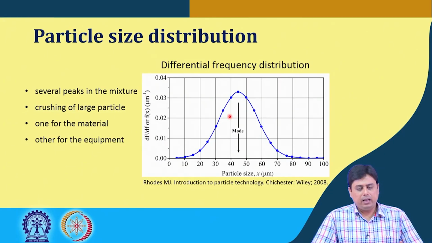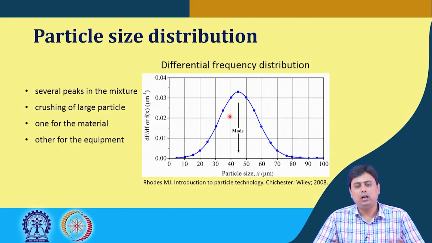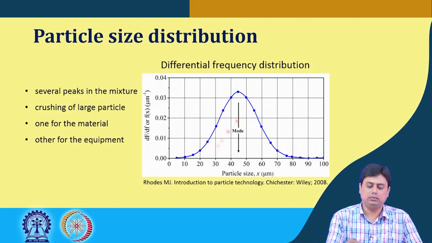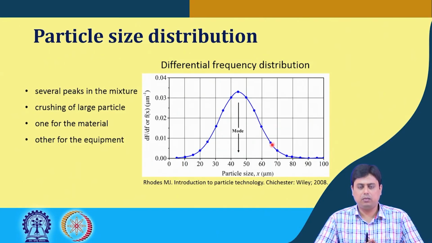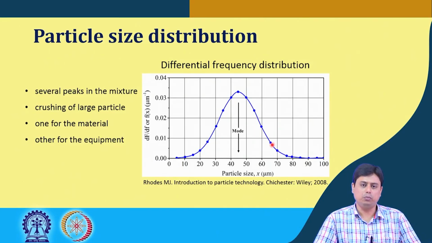Typically, when we crush larger particles, there are two peaks we can see in such a graph. One peak is for the material and its characteristics, the other peak represents the equipment by which we are crushing those particles, that is a characteristic peak for the equipment.